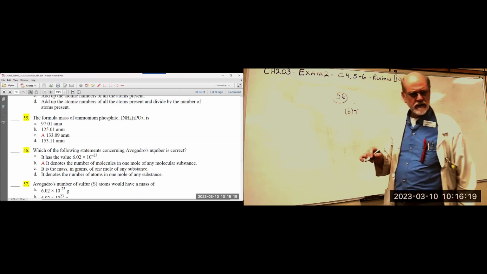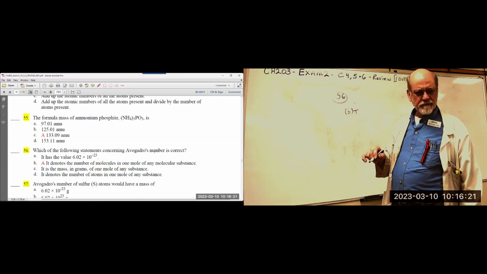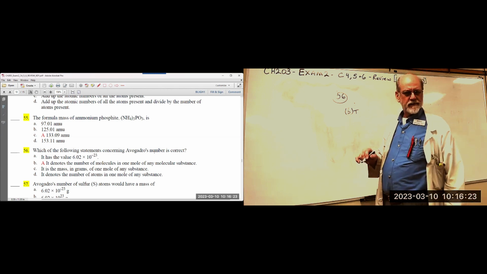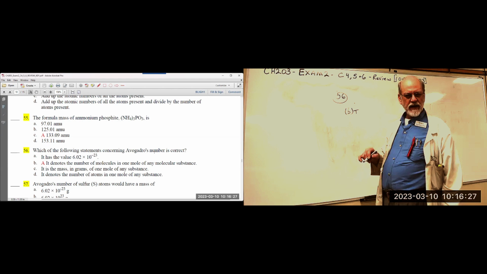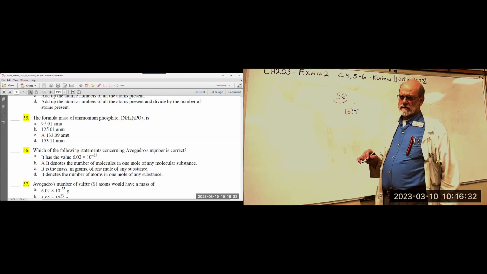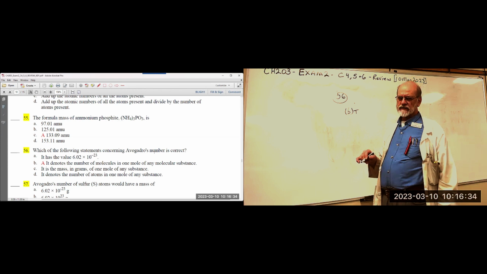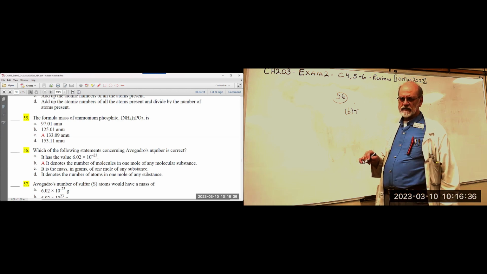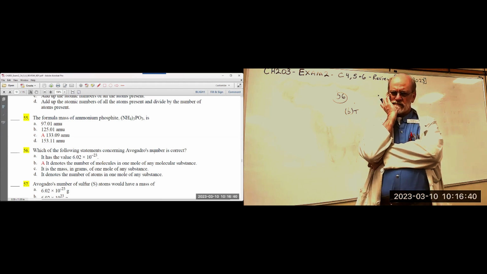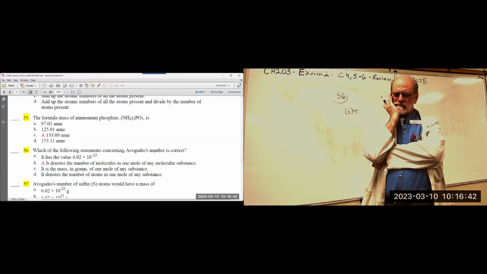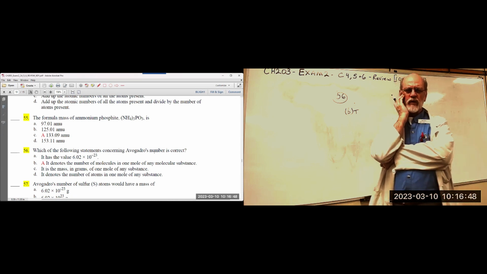We got any others? No, we found the right answer. It is the mass in grams of 1 mole of any substance. Denotes the number of atoms in 1 mole of any substance.